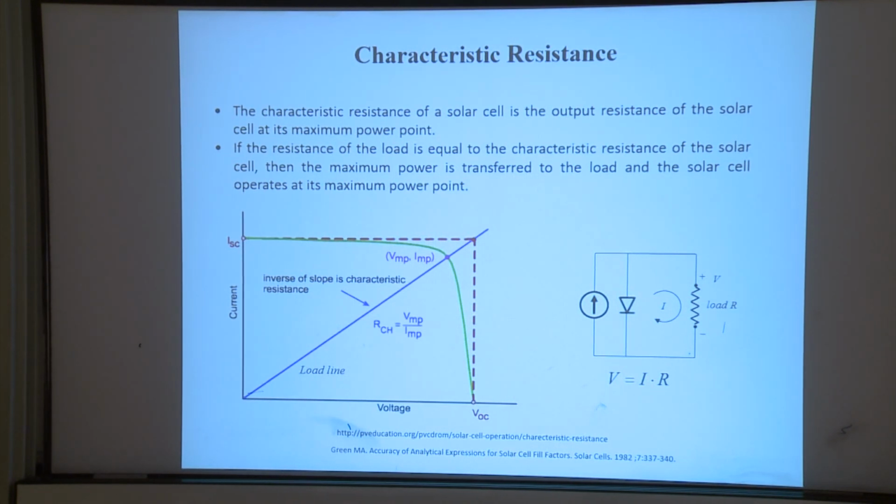V equals I times R, so R is V over I. Dividing by this number, we'll be able to get the resistance. So you just adjust the resistance so that it crosses the maximum output point of the solar cell curve. Then you will be able to get the maximum power output of the solar cell.